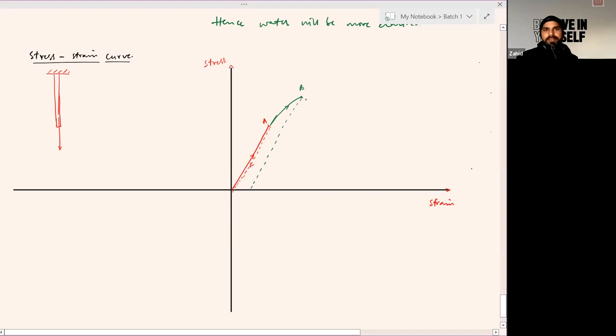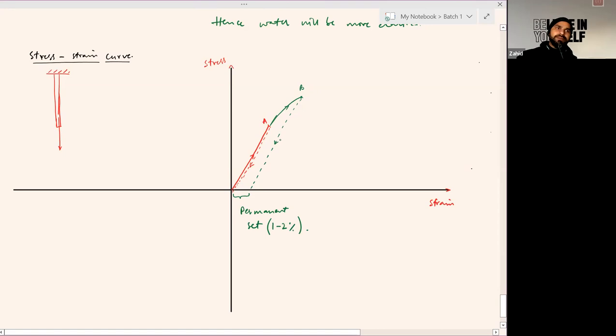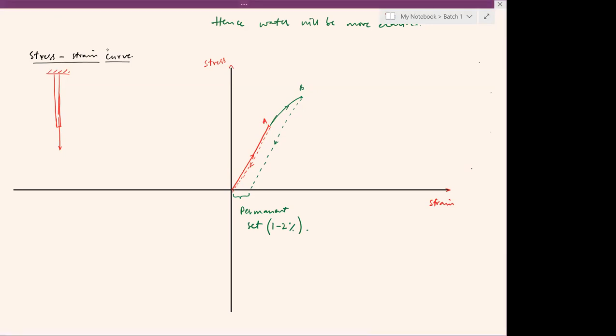It means it still has the property of elasticity. It may regain its shape, but with some permanent deformation. That is from this point to this point, which is called permanent set, and it will be about 1 to 2% of its total length. Is it clear? Yes, sir. Salman, any doubt? No, sir, no doubt.